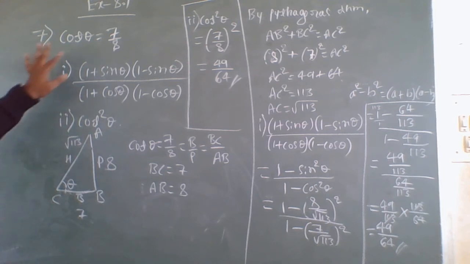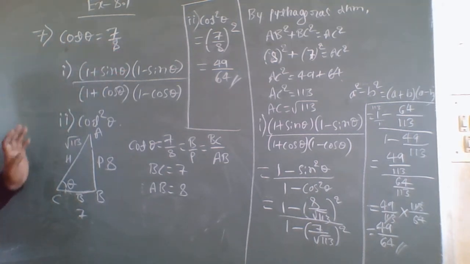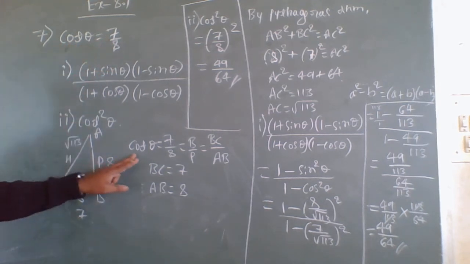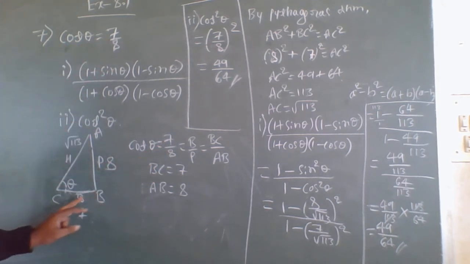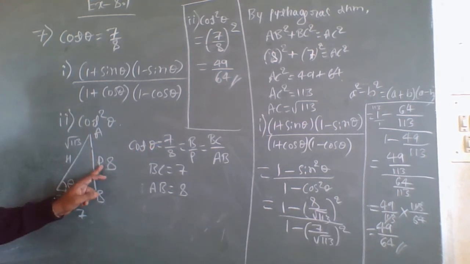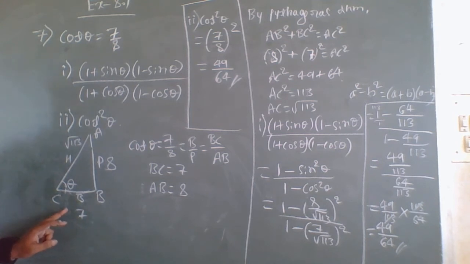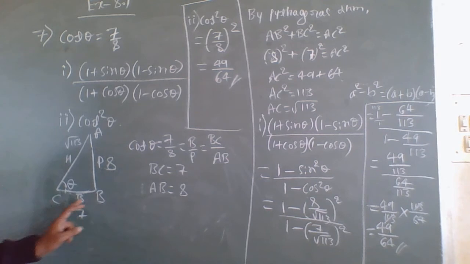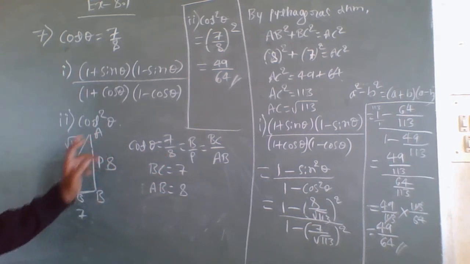See here, they have given cot theta is equal to 7 by 8. So consider this triangle where angle C is theta. We always know that cot theta equals base by perpendicular. Here they have given 7 by 8. The base side is BC and the perpendicular side is AB.